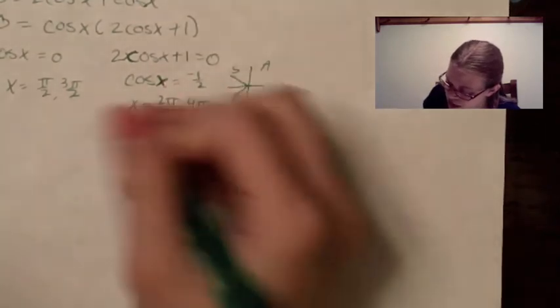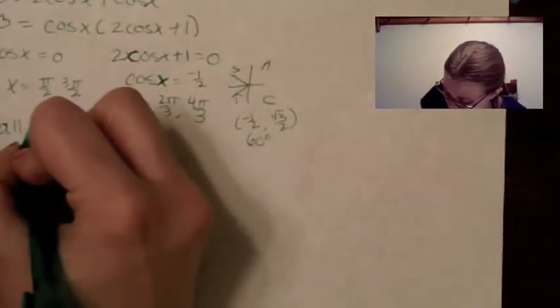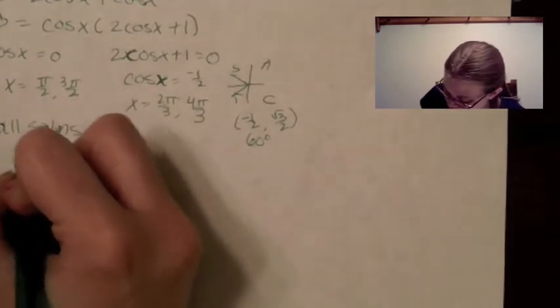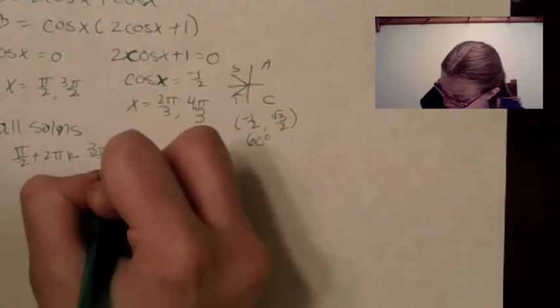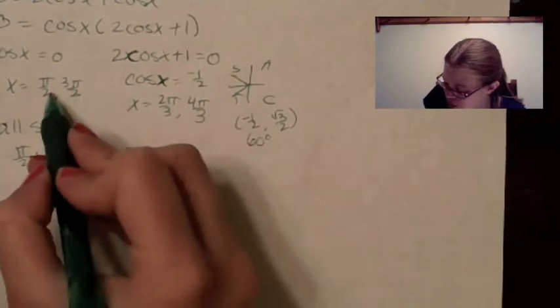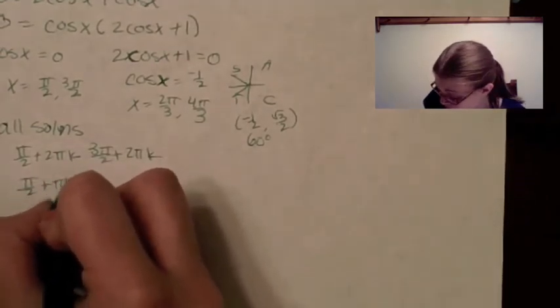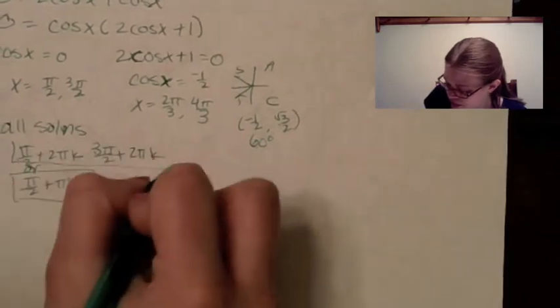Now I could also do the same thing and say find all solutions. So if it was find all solutions, I would have to do the pi halves plus 2 pi k and 3 pi halves plus 2 pi k. Notice that these are pi apart, so I could have really written pi halves plus pi k, kind of like we did with the tangent one. So you could have one of these.